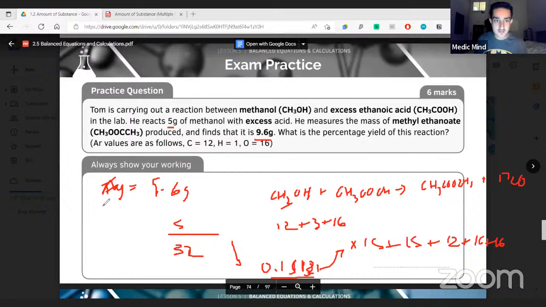And you get a theoretical yield of 11.56 grams. So divide the actual yield by the theoretical yield times by 100: 9.6 divided by 11.56 times 100, and you get a percentage yield of about 83%.